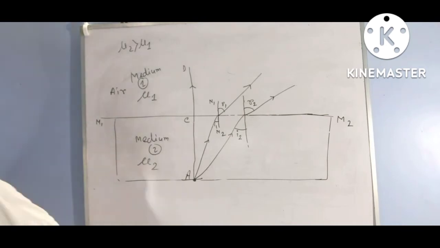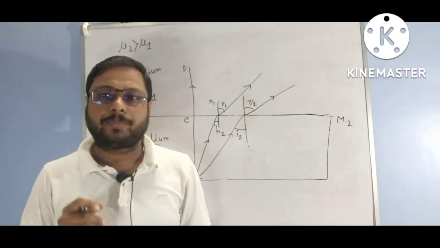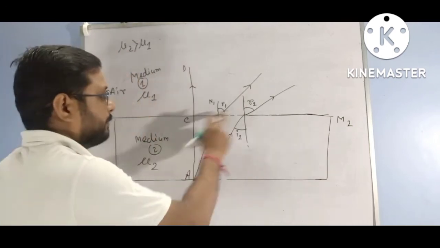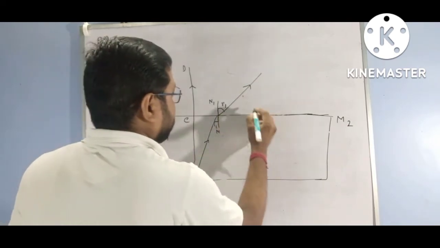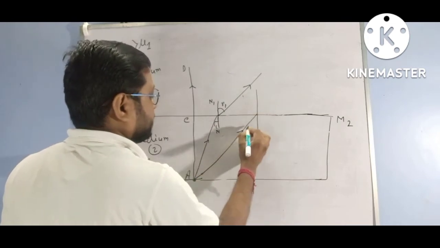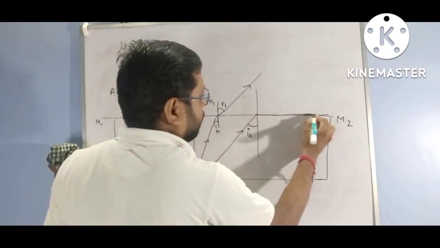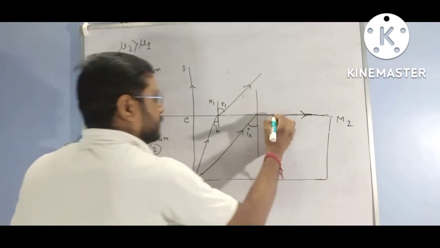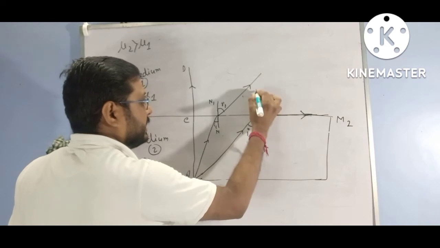Critical angle is the value of the angle of incidence in the denser medium when the angle of refraction is 90 degrees, that is, the refracted ray goes along the interface of the two media. Say the angle of incidence is IC, for which the refracted ray goes along the interface dividing the two media. So, the angle of refraction in this case is 90 degrees.